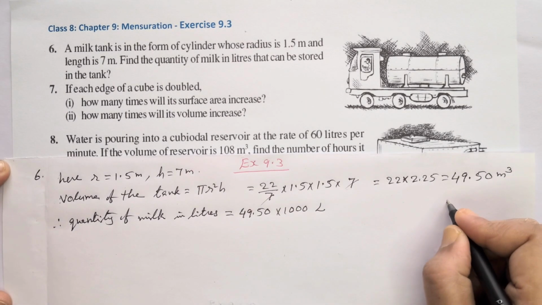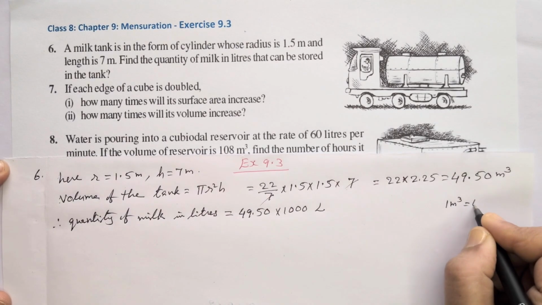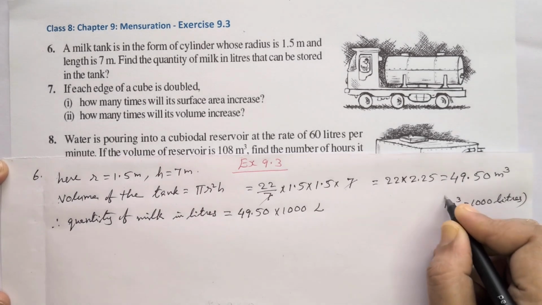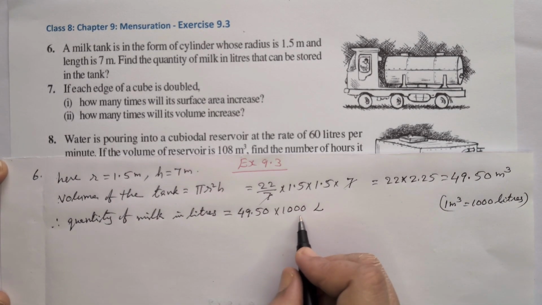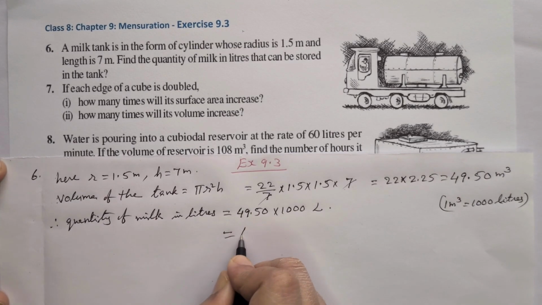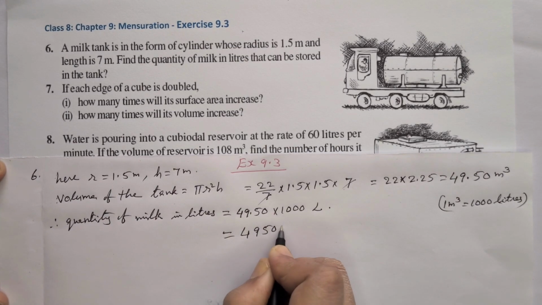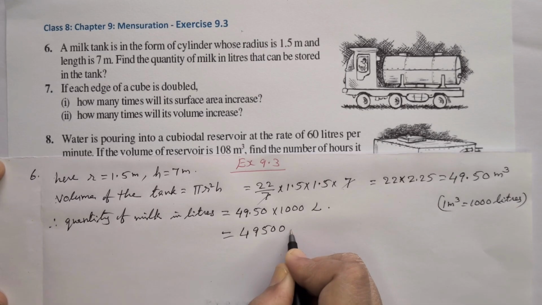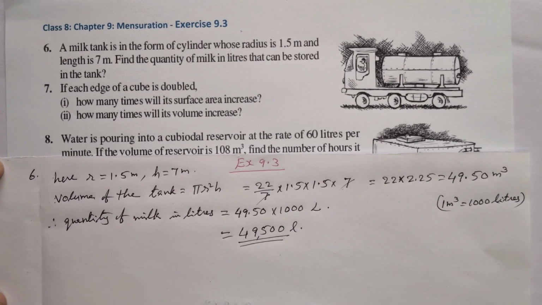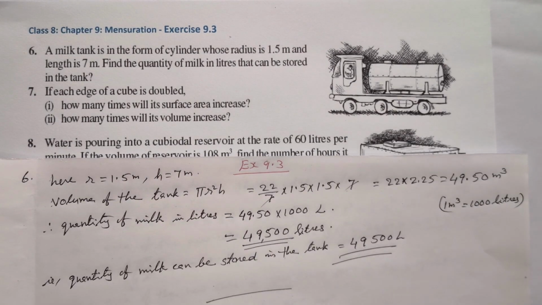We know that 1 meter cube is equal to 1000 liter. When we multiply, we get 49,500 liters. So the quantity of milk that can be stored in the tank is 49,500 liter.